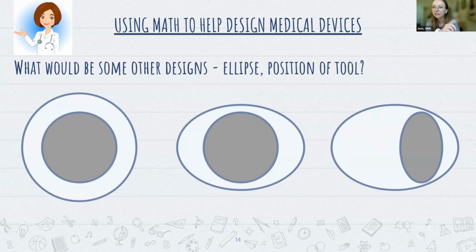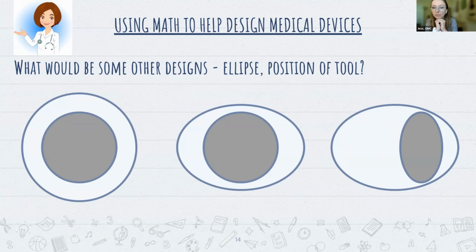And so these are the different shapes I was thinking about. If you imagine that cross section, instead of a circular cylinder, you could have a cylinder that has an ellipse as its cross section. You could keep the same total cross-sectional area, but just change from a circle to an ellipse.